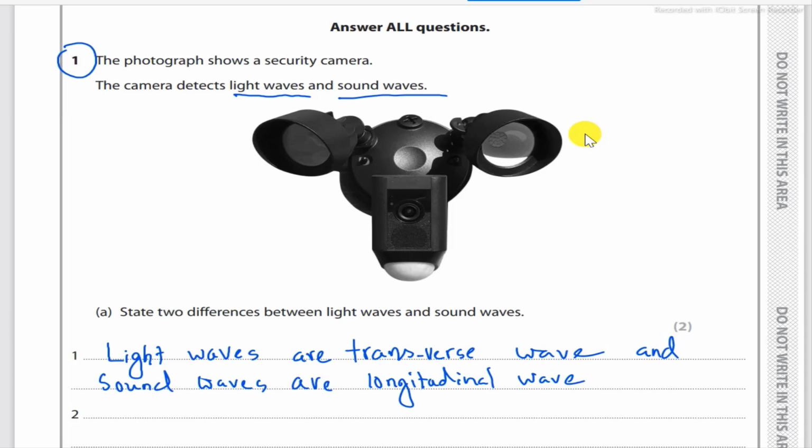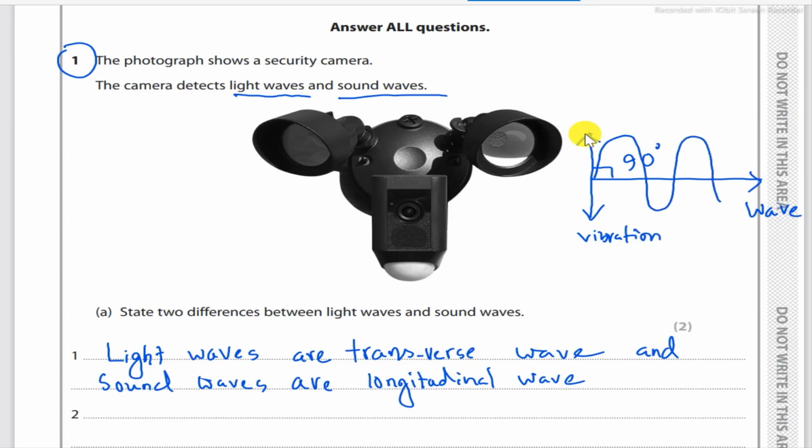What is a transverse wave? If the direction of vibration of the medium particles is perpendicular to the direction of propagation of the wave, perpendicular or 90 degrees, it is a transverse wave.